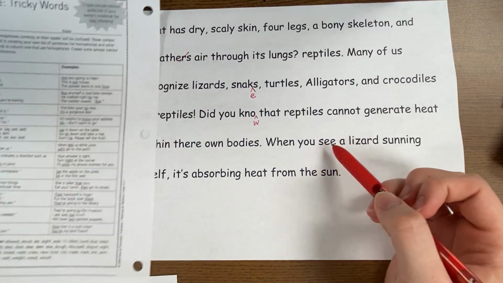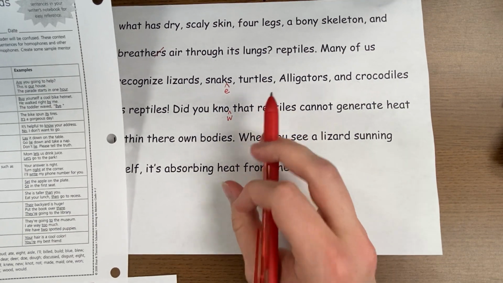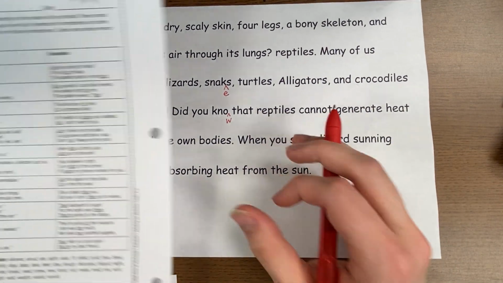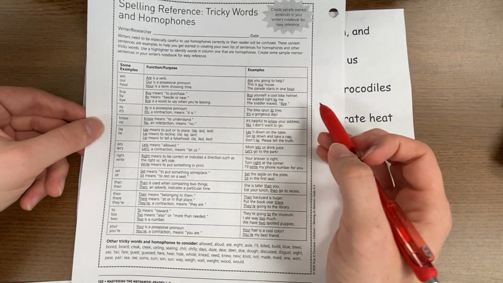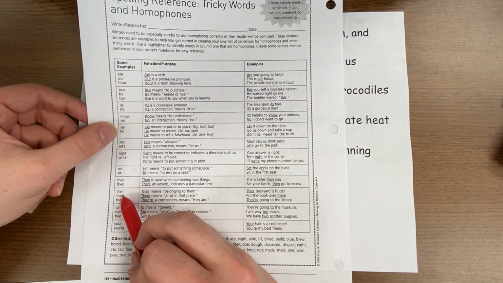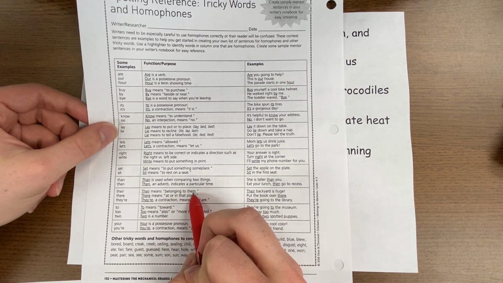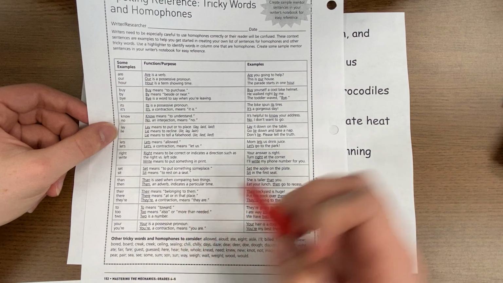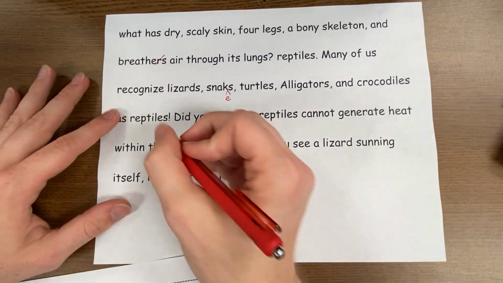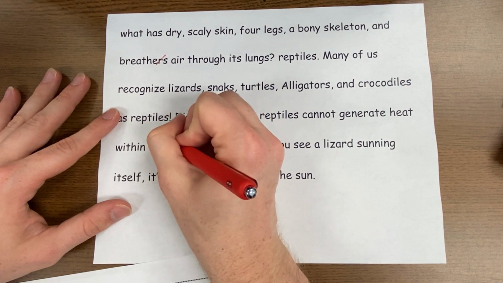And in my sentence, I know that I'm saying their own bodies as they're showing possession or ownership of the bodies. So I need to use that form of there. And when I look, the THEIR one means belonging to them. Well, that one makes more sense than the there that I have currently. So I'm going to cross out that there and write the correct form.